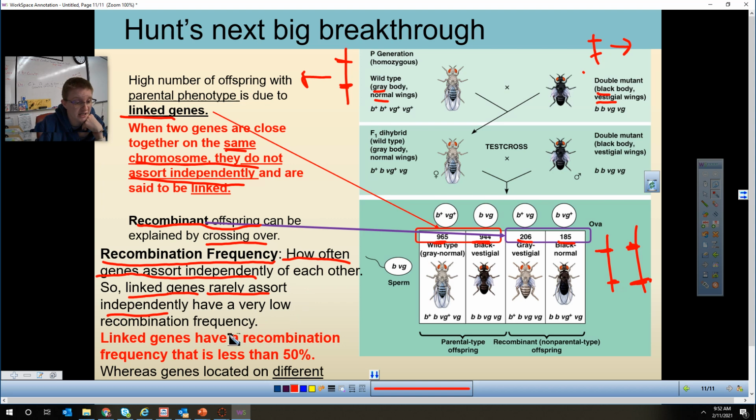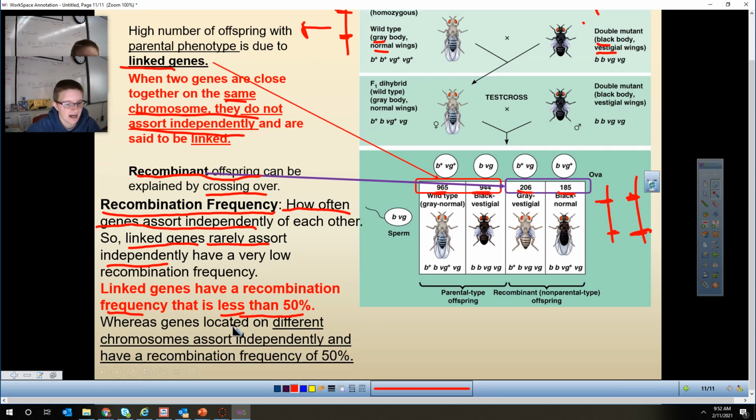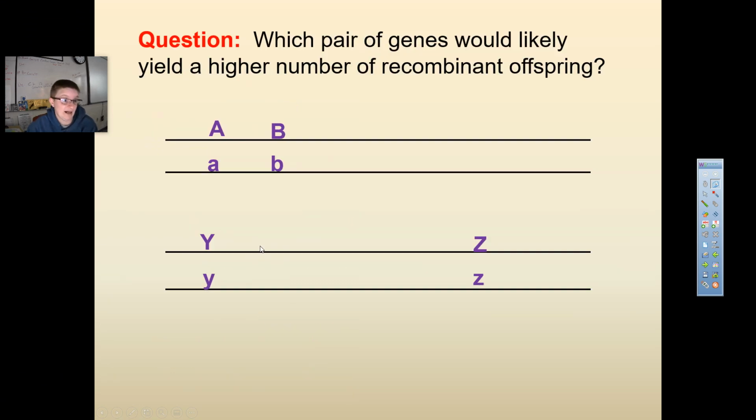So linked genes will have a recombination frequency of less than 50%, because they're going to assort independently less than 50% of the time. When genes are located on different chromosomes, they have a recombination frequency of 50% because they recombine half the time. They assort independently. All right, so that was really confusing, but you'll get there, I promise, okay?